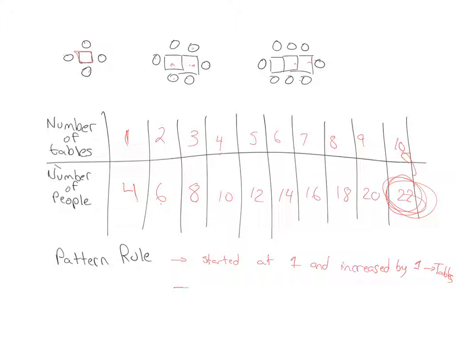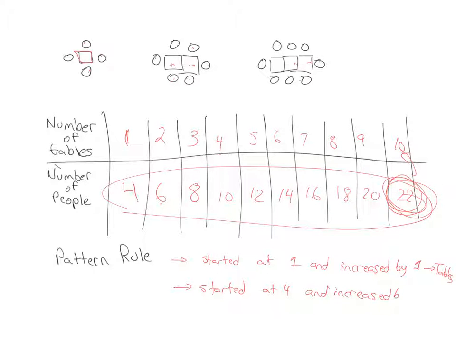The second pattern rule would be for the bottom part here. Well, what happened in this pattern? It didn't start at 1, it started at 4 and increased by 2. That's for people.